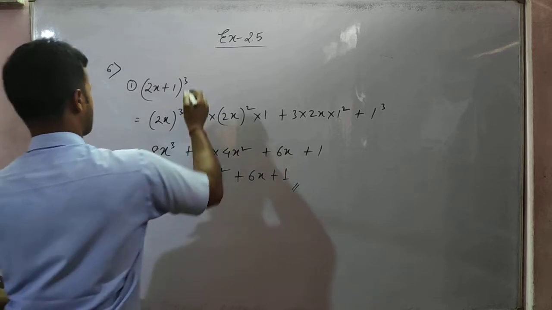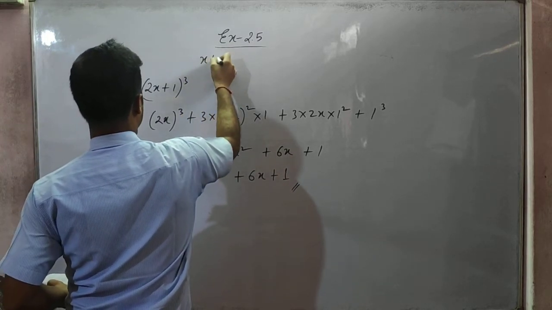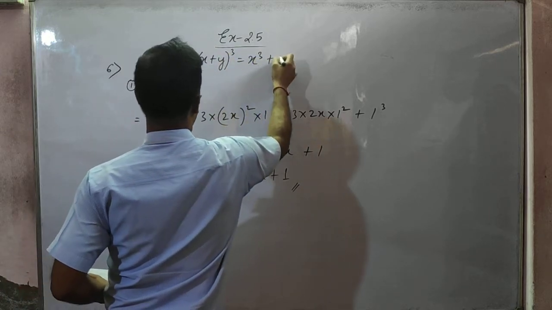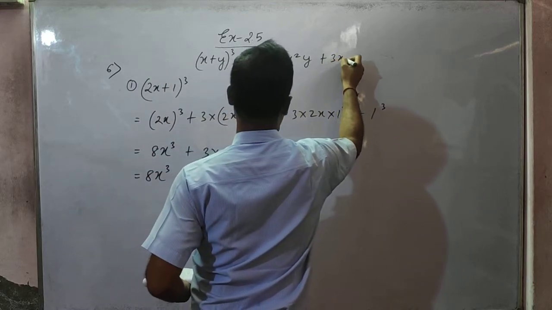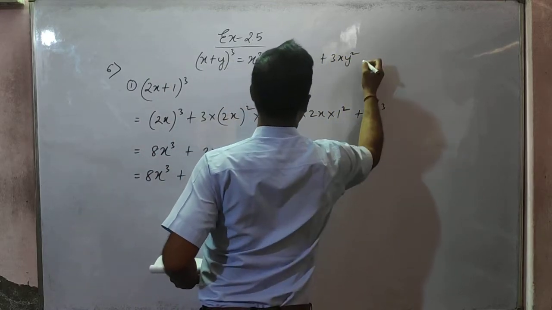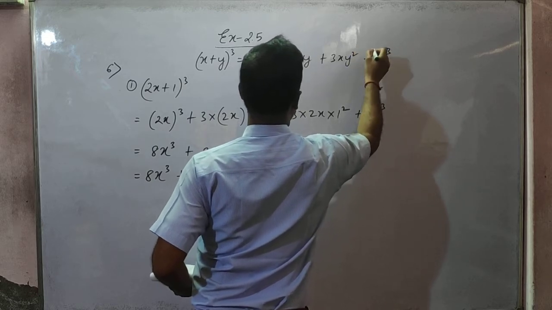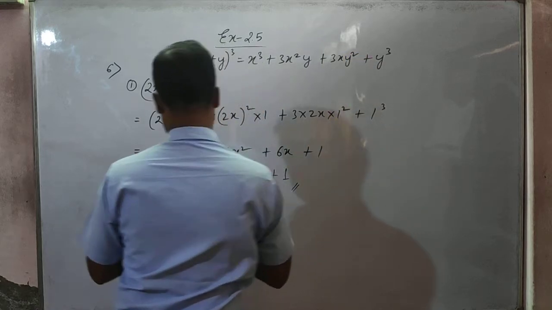So this one, students, is of the form x plus y whole cube, which is x cube plus 3x square y plus 3xy square plus y cube. Of this form.